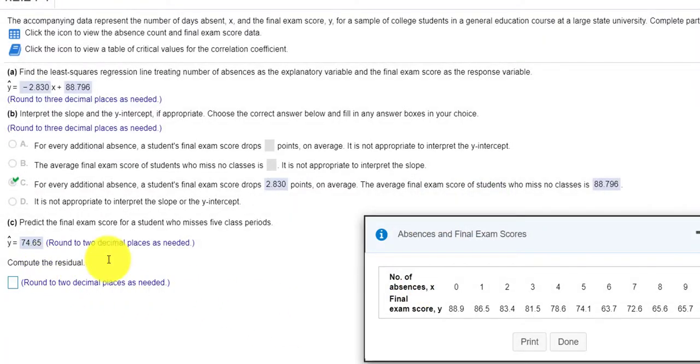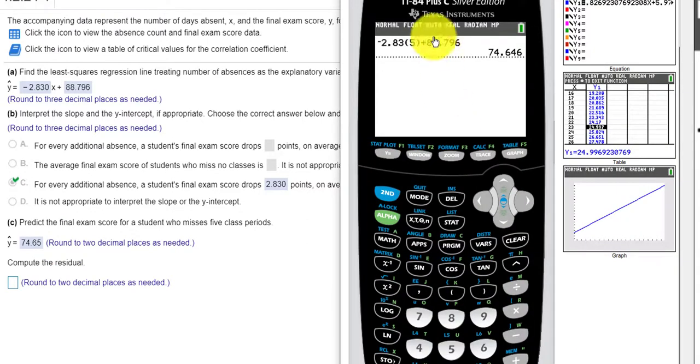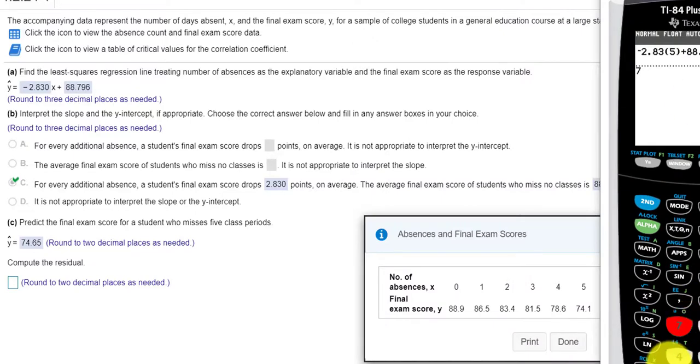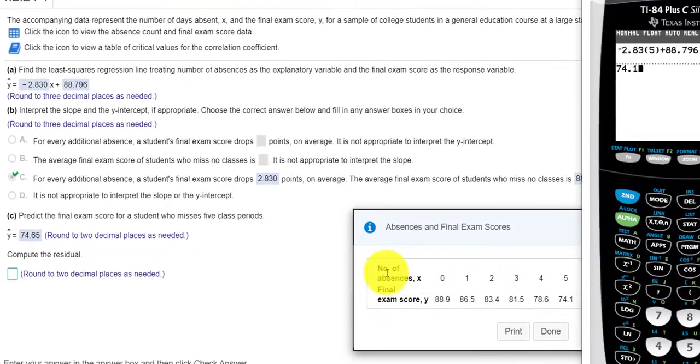Compute the residual. Remember, that's observed minus predicted. So the observed was 74.1, right? That's coming from here. This is the observed for 5 absences, minus the predicted, which was 74.65.